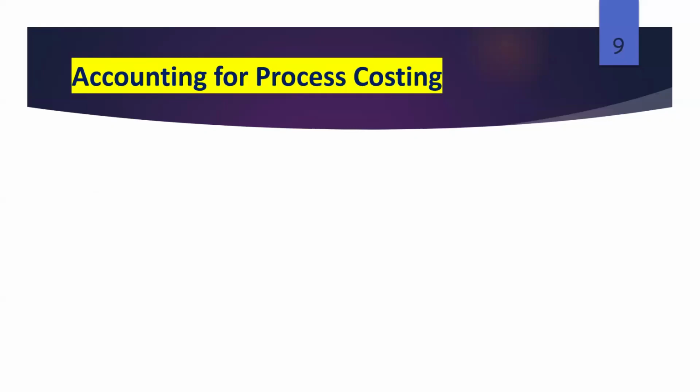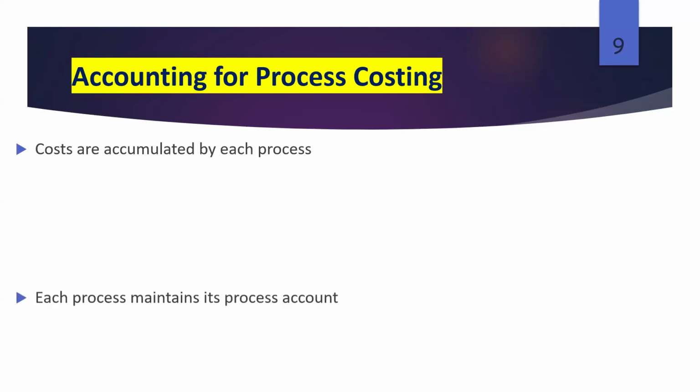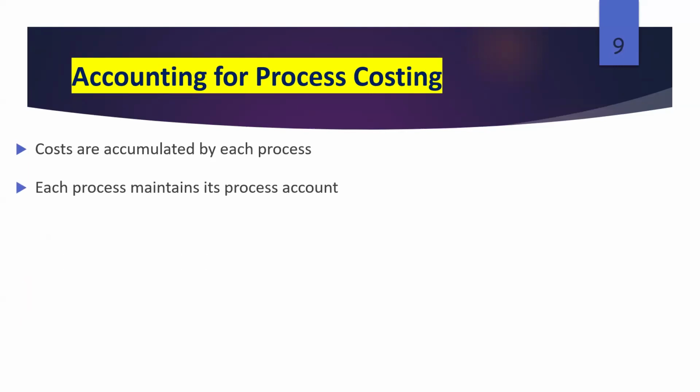Now let's see accounting for process costing. Costs are accumulated by each process, as I mentioned earlier. Each process maintains its process account, such as process 1 account, process 2 account. Likewise, they are going to maintain their own process account.